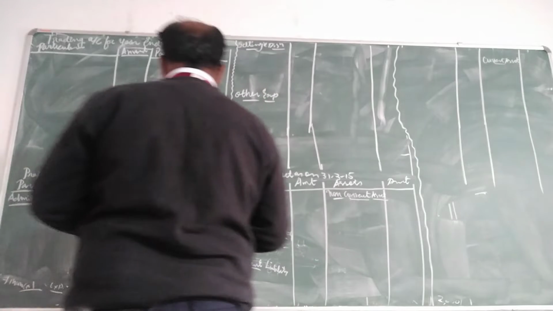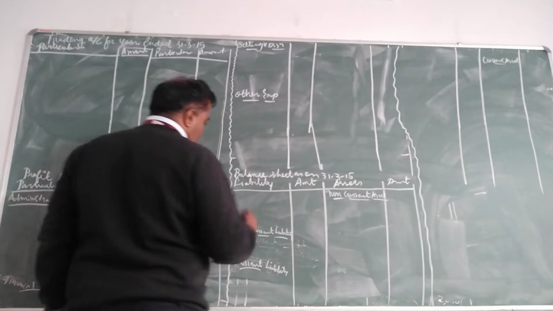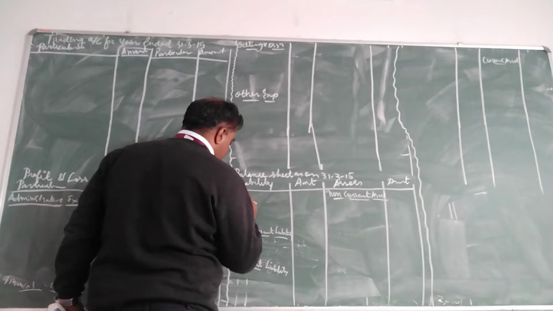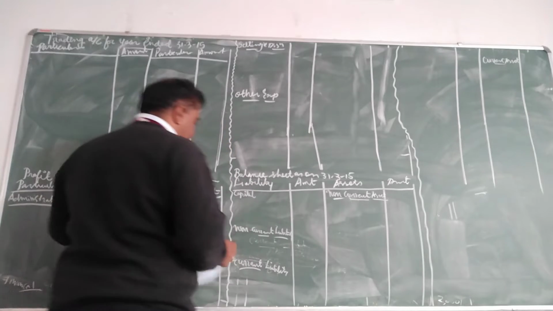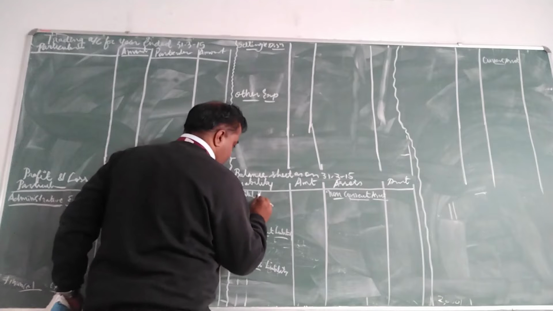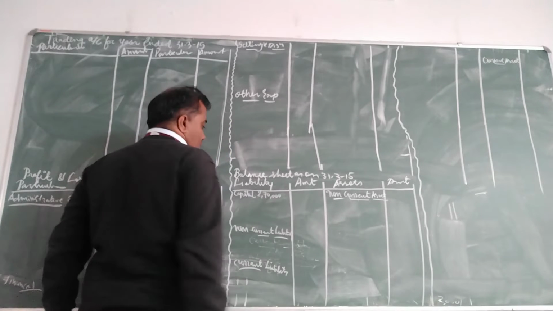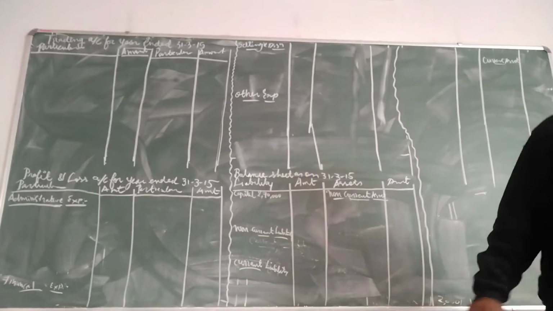Capital is 2,70,000. So capital is written in the balance sheet under the head liability. Capital, it is 2,70,000. No adjustment is there for capital.